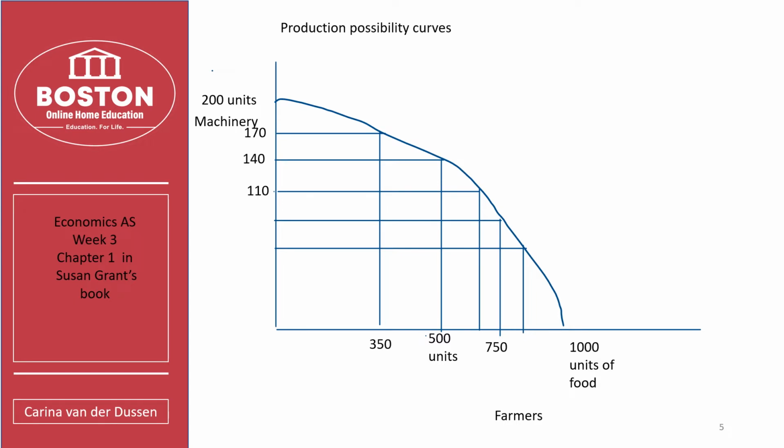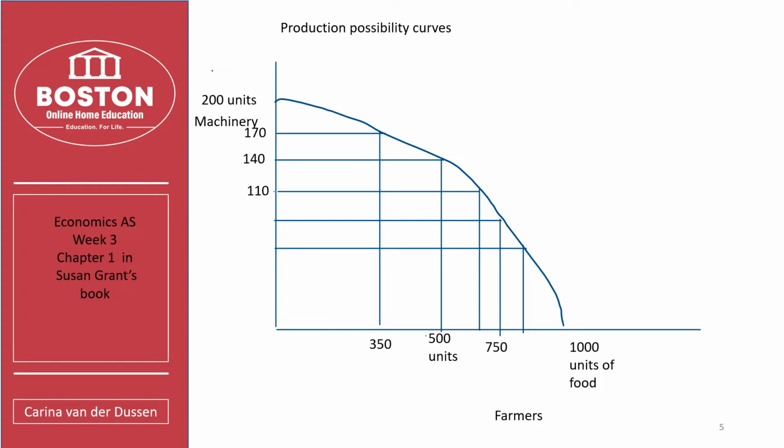So the opportunity cost of producing more food becomes larger when giving up machinery. So in the exam, if they ask you how many units of machinery they have to give up to move from 350 units of food to 500 units of food.